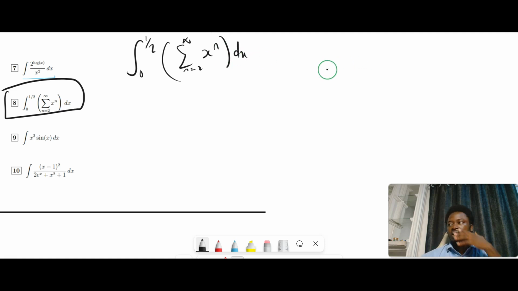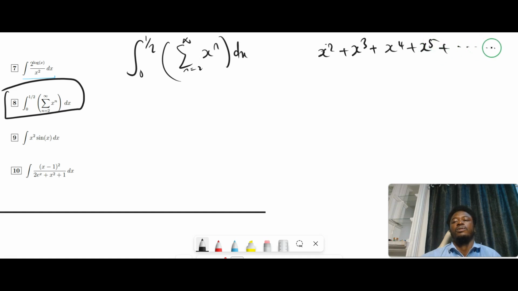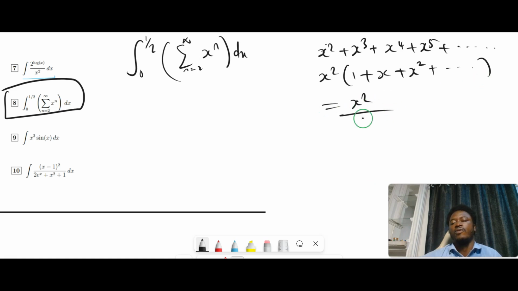Now notice that this series, as n runs from 2, will be x squared plus x cubed plus x to the 4th plus x to the 5th plus and so on. So you have an x squared times 1 plus x plus x to the 2nd plus and so on. So you have x squared over 1 minus x.